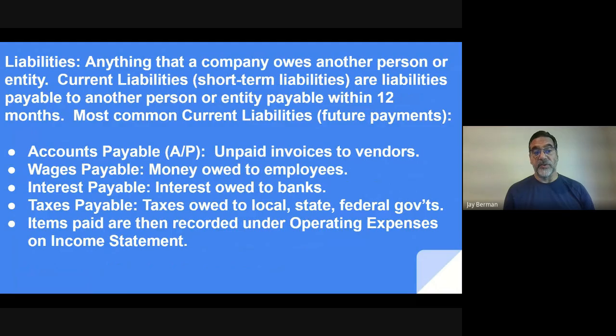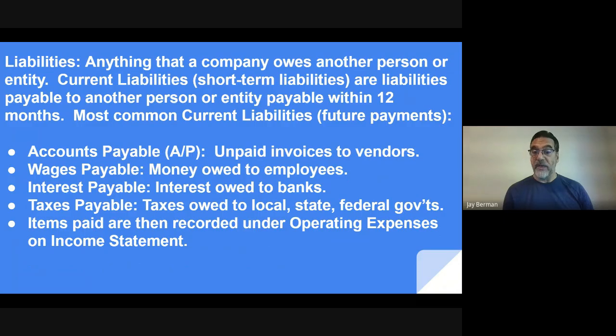The first one would be accounts payable, which is the unpaid invoices that you have to vendors. It could be unpaid invoices to, let's say, an accounting firm, a law firm, any kind of service provider would be considered an accounts payable. So it's money that you owe somebody else for services that they provided to you.